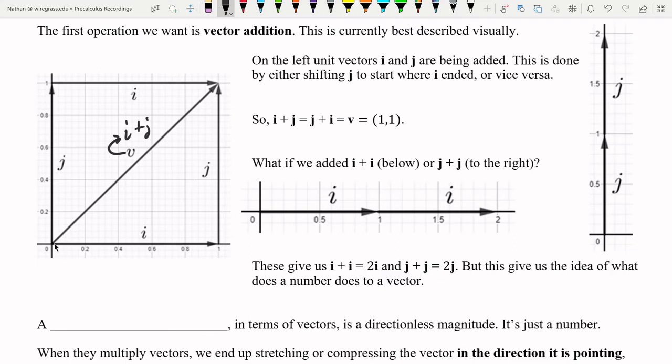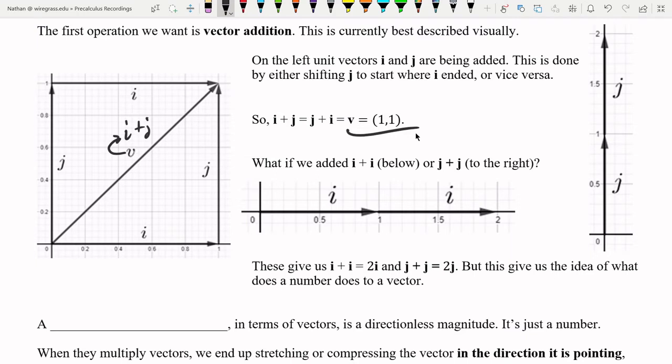So we can just add on i, and then go up to j, and the resulting vector i plus j is going to be from the initial starting point, pointing at the end point. That's what I've shown here. Of course, you can go j plus i, since addition is commutative, and we get the exact same vector. So that's the basic idea of vector addition. You're just putting one vector on the end of the other vector and then creating a line. So v is <1, 1>.